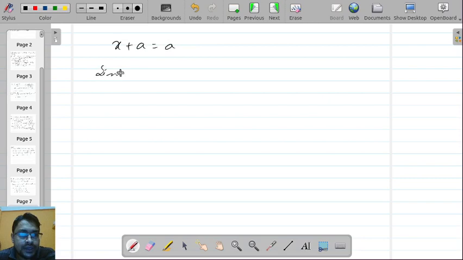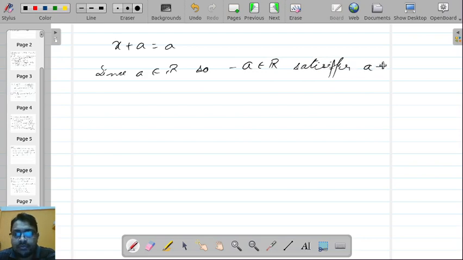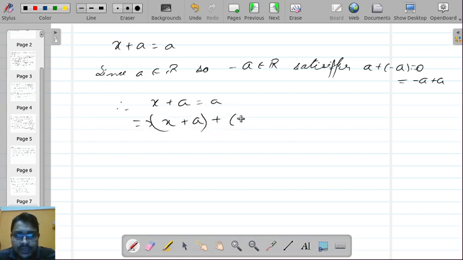So since A belongs to R, minus A belongs to R and satisfies A plus minus A equal to 0 equal to minus A plus A. Okay, so therefore x plus A equal to A will imply that, what you do is you add minus A to both sides, so this is equal to A plus minus A, right?